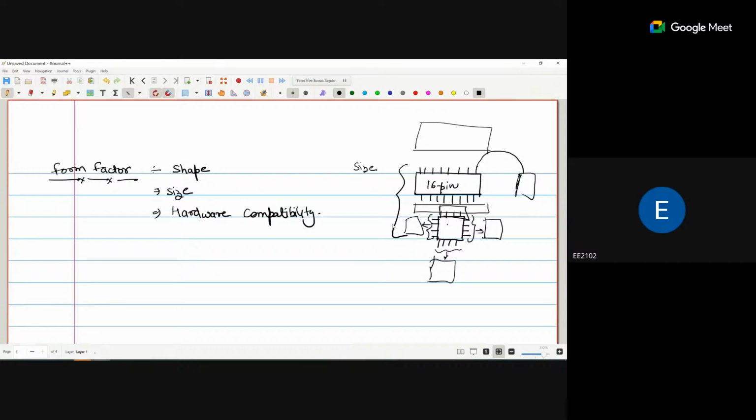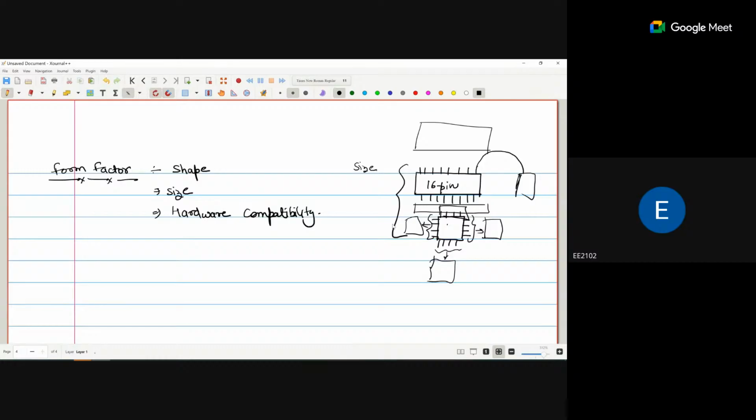Okay, second is the hardware compatibility. I'm taking one example. We have different mobiles. Everyone has a different type of mobile, and previously they had different chargers. Some will be using micro USB, some will be using Type-C, some will be using that circular shape charger.